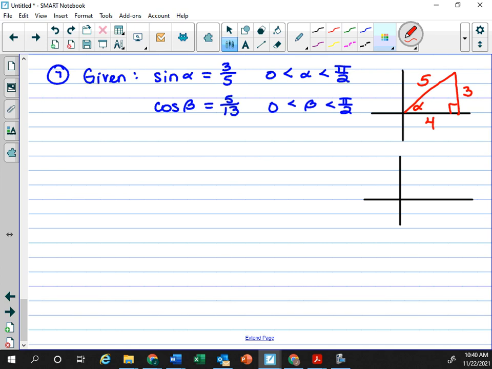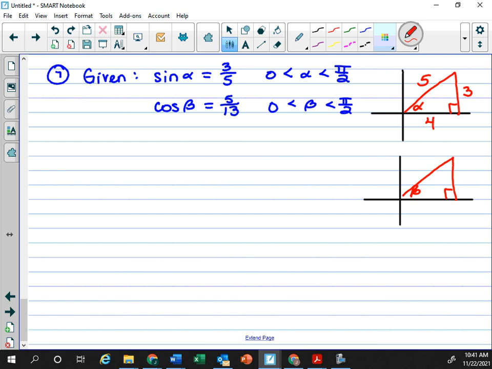All right, and then we have to draw another triangle for cosine of beta because beta is a completely different angle. It so happens that it is also in the first quadrant, so I'm going to draw another first quadrant triangle. Obviously, my triangles are not drawn to scale. They never are. Ooh, there's beta. Doesn't look like a beta. Okay, so cosine of beta is 5/13.